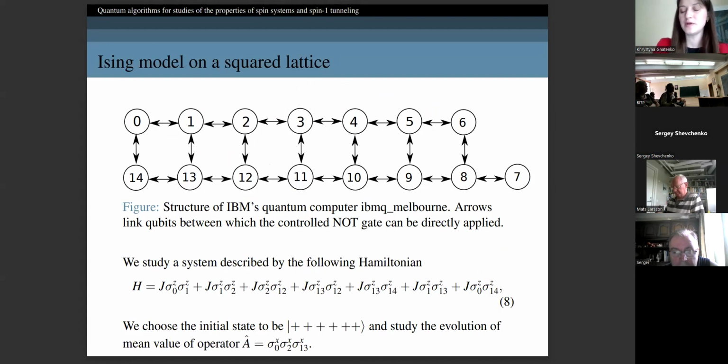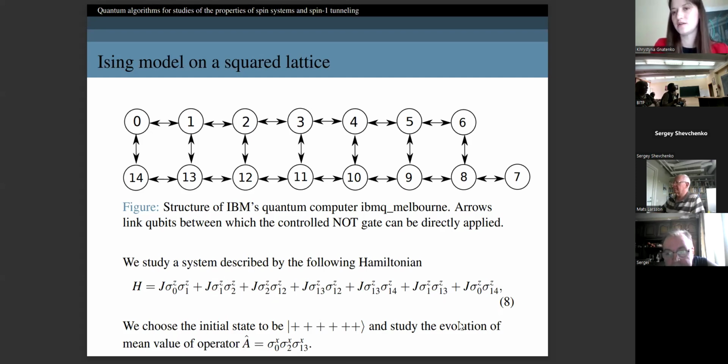This is because this operator anti-commutes with the Hamiltonian. We have different terms, and with each term the operator has to anti-commute. So the anti-commutator of this operator with H has to be equal to 0. Therefore, we found this expression. You can see that this operator, because of this sigma 0x, anti-commutes with this one. Also this operator, because of this sigma 2x, anti-commutes with this one, and so on.